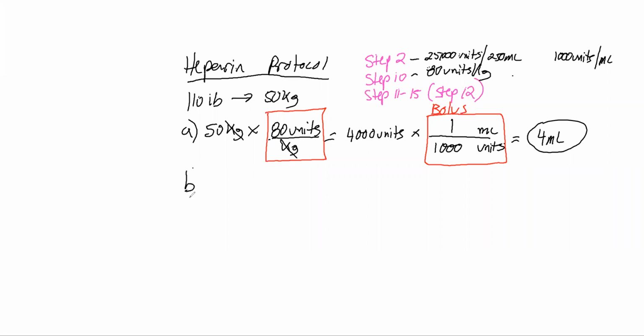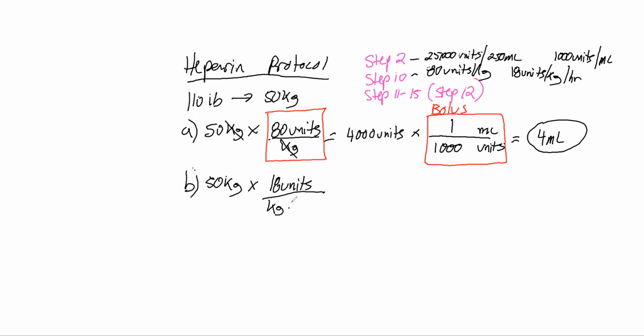For the drip, it is listed in step 10, and it says to start the drip at 18 units per kilogram per hour. Again, that's listed in the protocol. We take the patient's weight in kilograms times that 18 units per kilogram per hour.